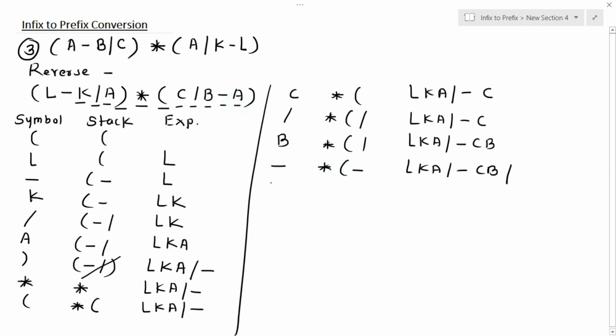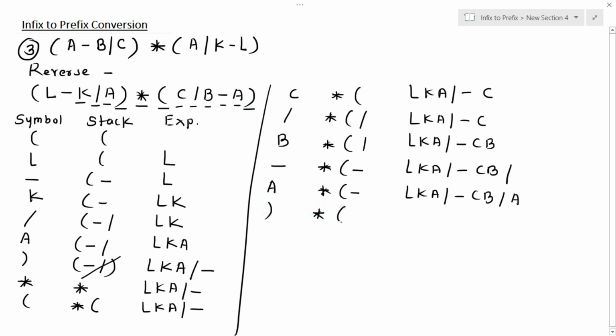Okay, the next symbol is A. A is an operand, so it directly goes into the expression, and in stack we have multiplication left parenthesis and minus. Okay, the last symbol is a right parenthesis.